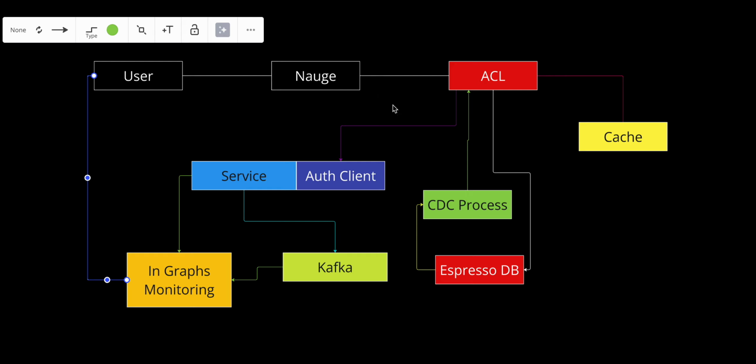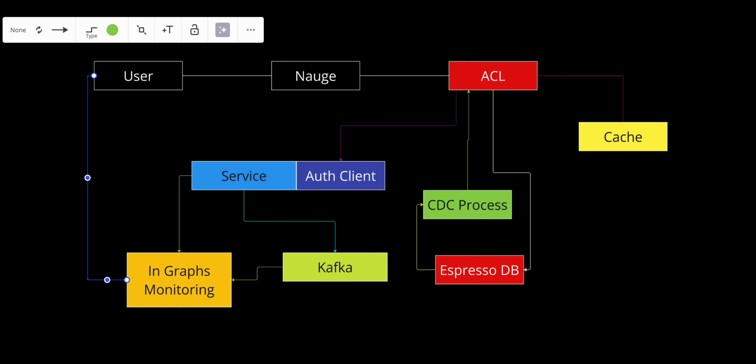So first, manage ACL data: users or administrators manage the ACL via the Nuage service. After that, there is a CRUD operation. The changes are performed on the ACL service and stored in the Espresso database.